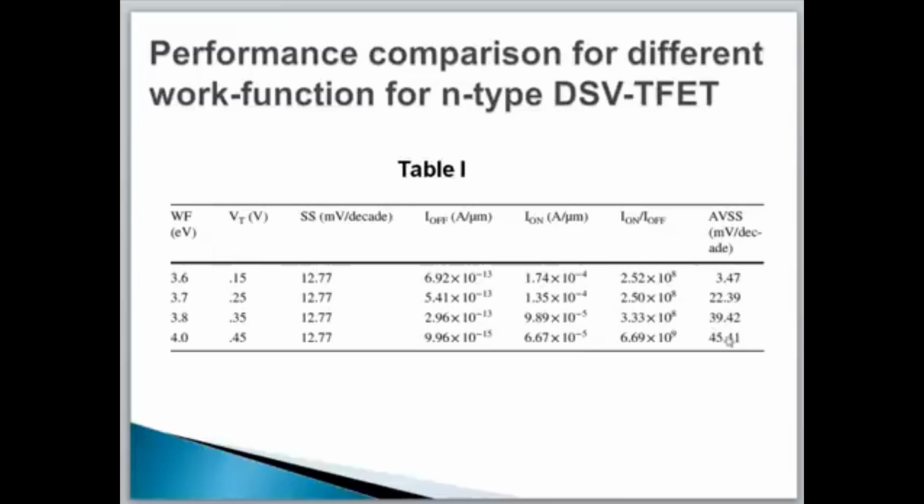This means you will get the optimized average subthreshold slope at 3.6 electron volt, about 3.47 millivolt per decade. This shows the switching speed is very good for dual source vertical TFET as compared to conventional TFET. I will show the curve also in the next slide.